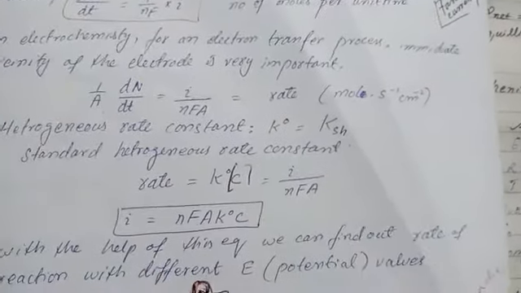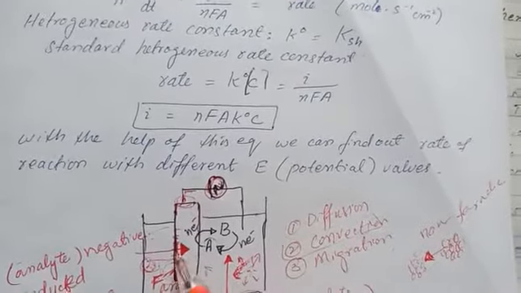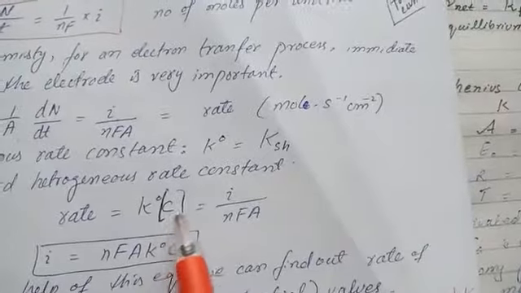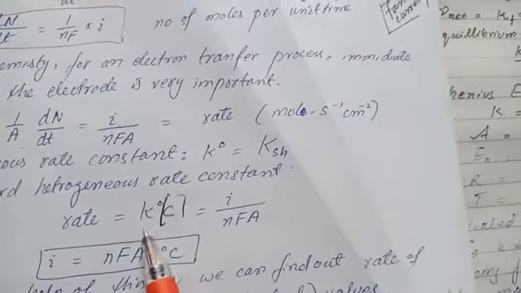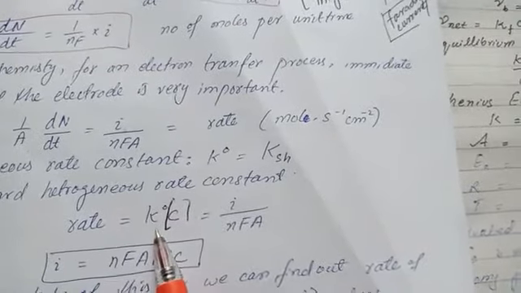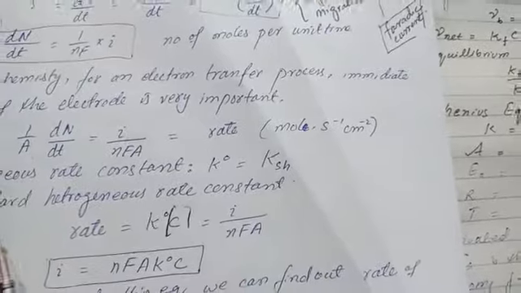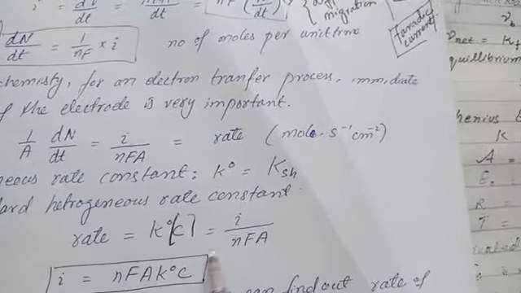As the electron or charge is transferred at the heterogeneous surface, the rate of the reaction is directly proportional to the concentration of the analyte, and we get a constant that is the heterogeneous rate constant, or the standard heterogeneous rate constant.